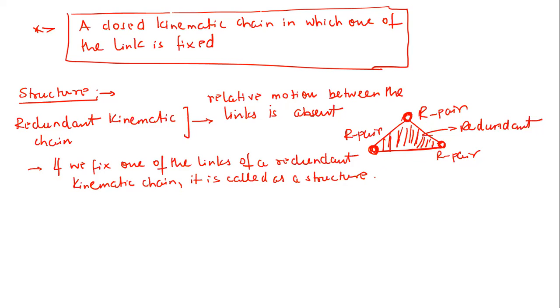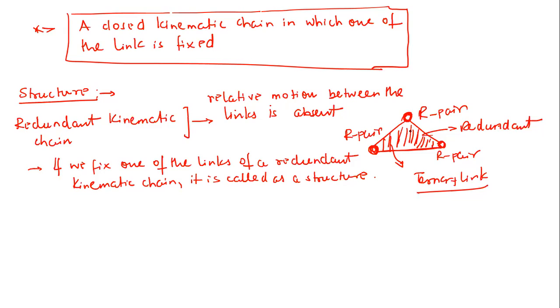Can we consider this? Yes, right? If you remember, I said that for a ternary link there must be three connections. So we can call this entire combination of three links, since there is no relative motion between them, a single link, and in this case it is called a ternary link. So what is my point?